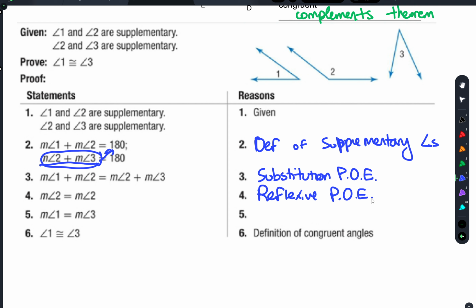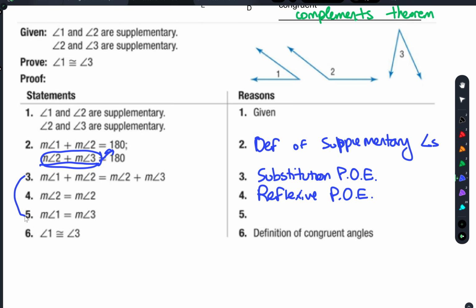Okay, now that we know that, how do I then know that angle 1 equals angle 3? What did I say here? Not symmetric. Do I have a congruent symbol in this step? Right here. So I can't use the congruent complements theorem or supplements theorem because I don't have the congruent symbol in step 5. What did I do? I have to link step 3 and step 5.